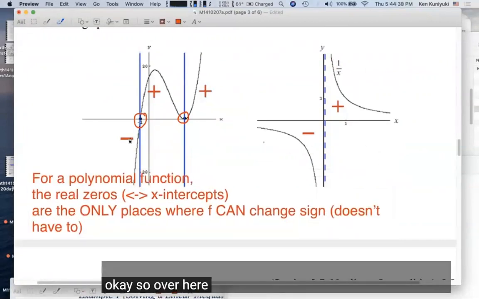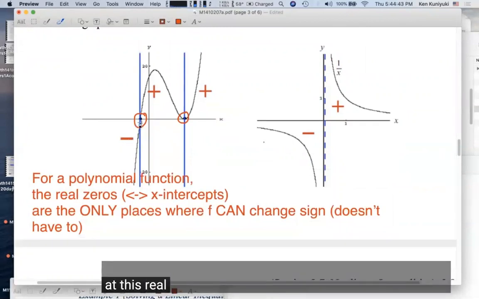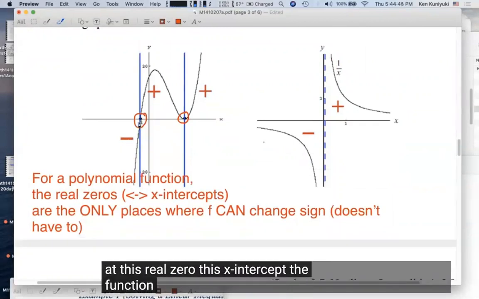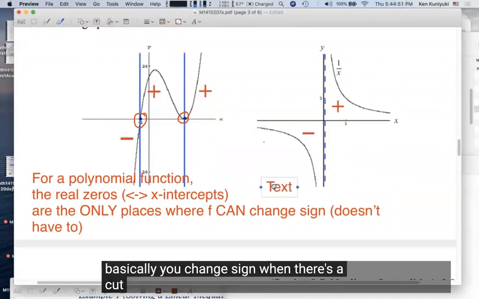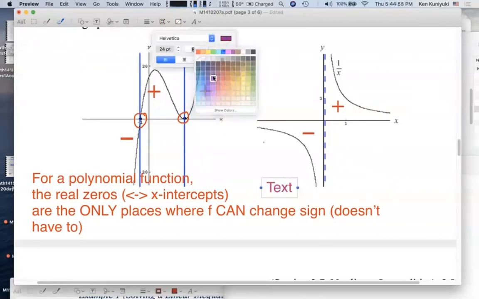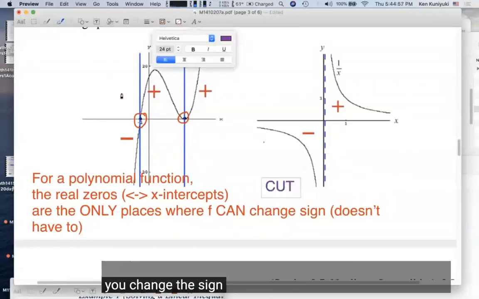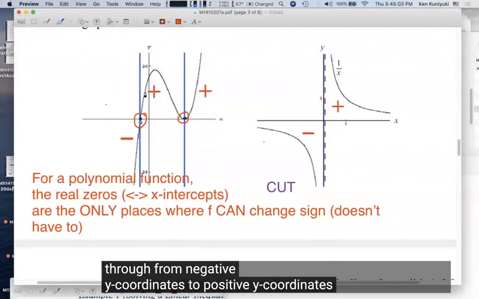So over here, at this real zero, this x-intercept, the function does change sign from negative to positive. Basically, you change sign when there's a cut at the x-axis. You change sign when the graph cuts through the x-axis. Here we're cutting through from negative y-coordinates to positive y-coordinates.